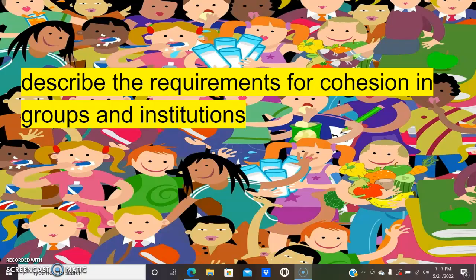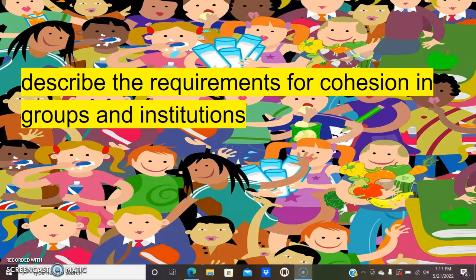Now, we know that there are many types of groups and institutions in society, right? And these groups and institutions consist of individuals from different backgrounds, different learning abilities, different status, right? And they are all trying to work towards a common goal.